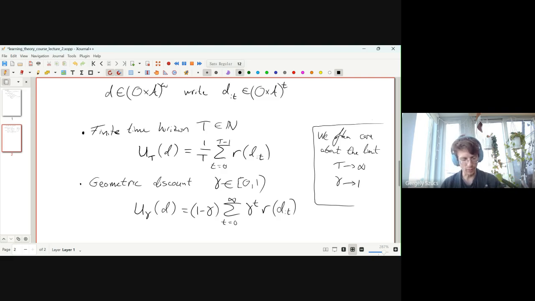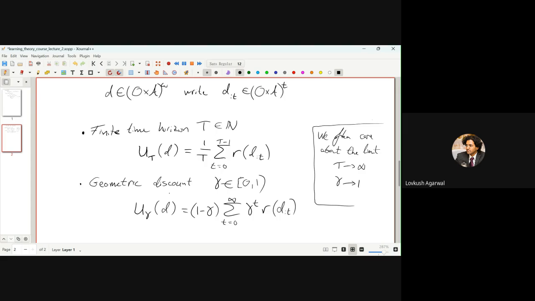So going forward, I'm going to use the restrictive finite time horizon notation, but everything I say can be directly translated to geometric discount, and the behavior is often very similar, except in maybe some pathological cases. Okay, any questions about this slide?